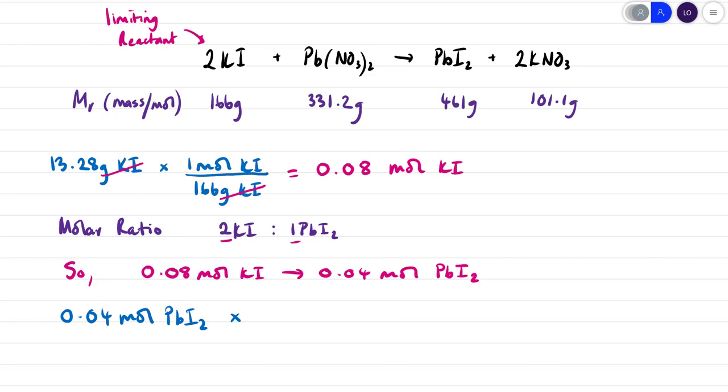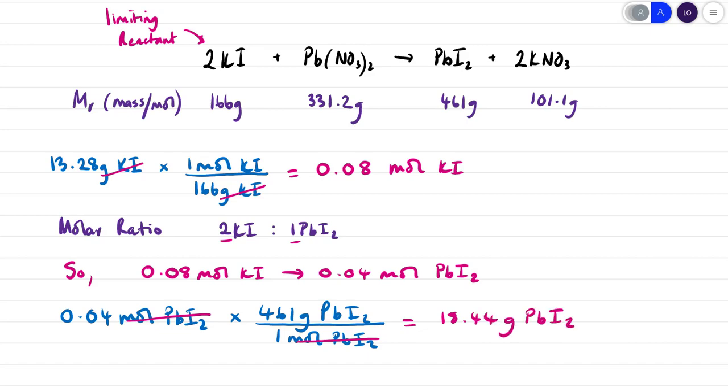So we're going to say that 461 grams of lead iodide is the same as 1 mole of lead iodide. And notice now we've got moles of lead iodide on the top there, moles of lead iodide on the bottom there. We're left with grams of lead iodide, which is what we're wanting to find out. And if we do this calculation, we end up with 18.44 grams of lead iodide. And now that we've got that information, we can go ahead and work out the percent yield.